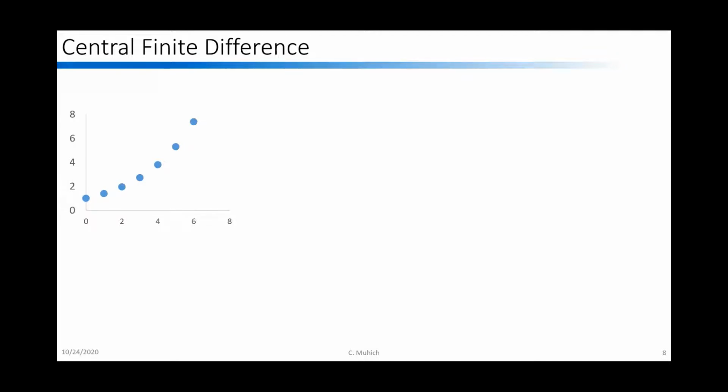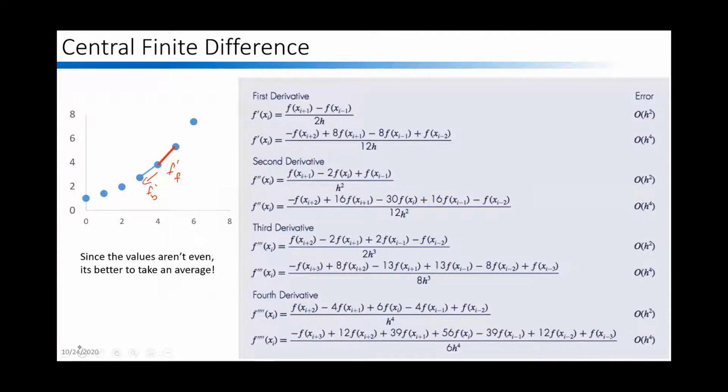So just like I drew out before, we're going to take a middle point, use a backwards finite difference, say going this way, FB, and a forward finite difference going forward, FF, and we'll take the average. And so we're going to hope that by taking the average, we should get a better estimate of that derivative.